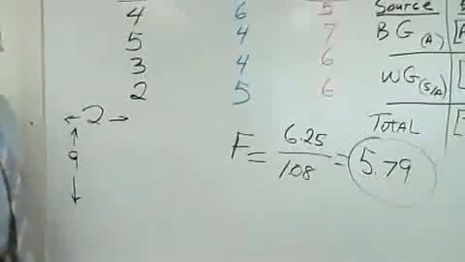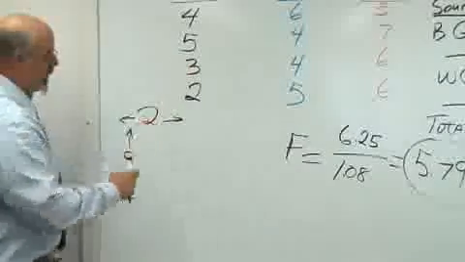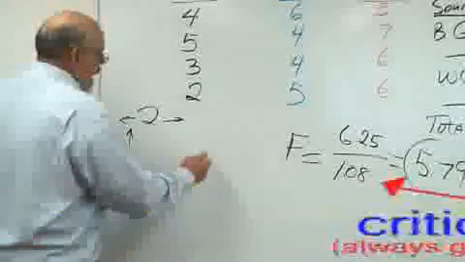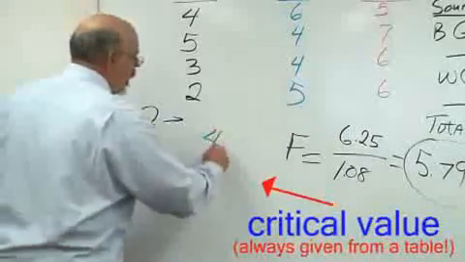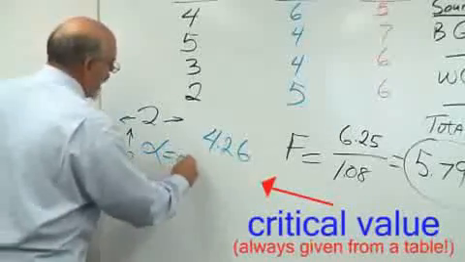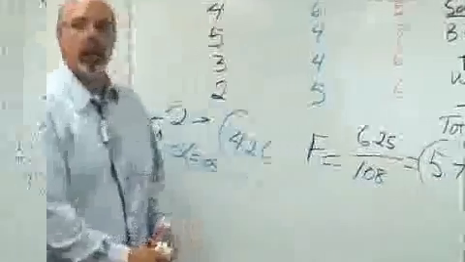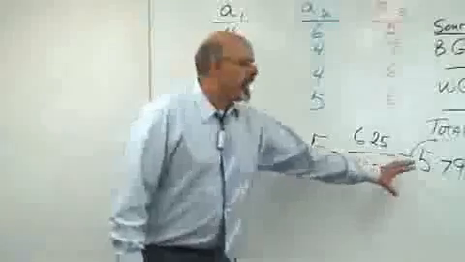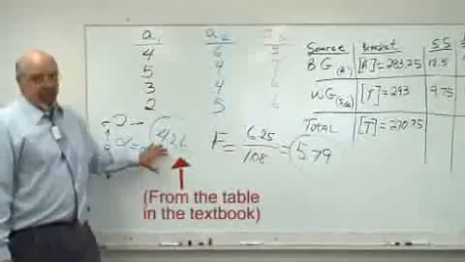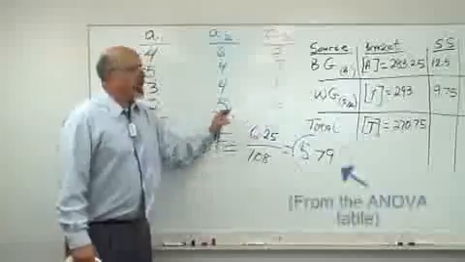From the F distribution table in the back of the book, at the numerator of 2, denominator of 9 degrees of freedom, the textbook says that we should approximately get an F value of 4.26 when you have the cutoff level of alpha at 0.05. So this is what the book says, and this is what you got. So you definitely have some significance here from this data, because this is larger than that. So that means that there is significance here, that there is some difference between the different groups.